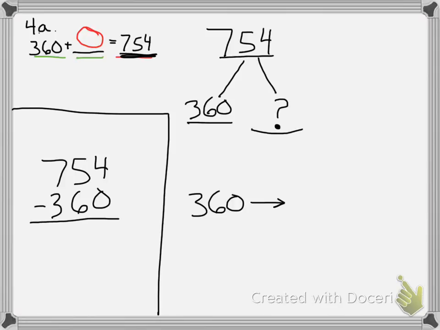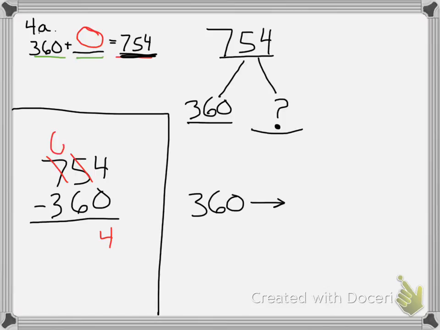754. So I'm going to go ahead and work this out vertically first, because I have 4 minus 0, which is 4, 5 minus 6, which I can't do, so I'm going to have to do a little bit of unbundling.